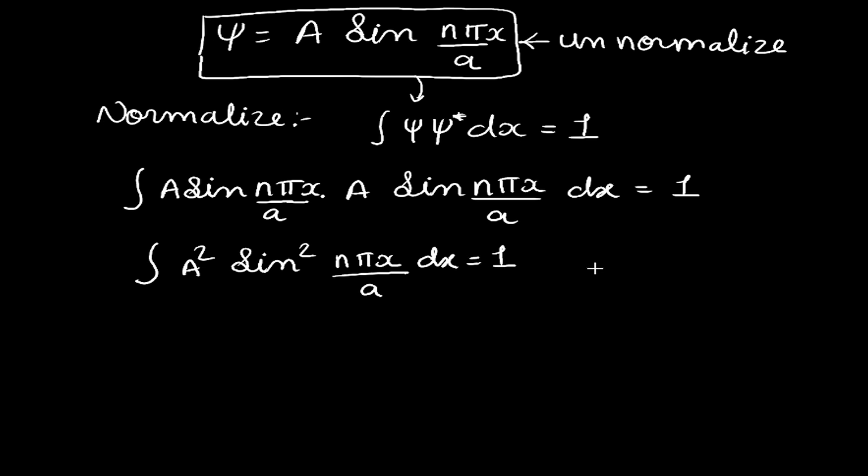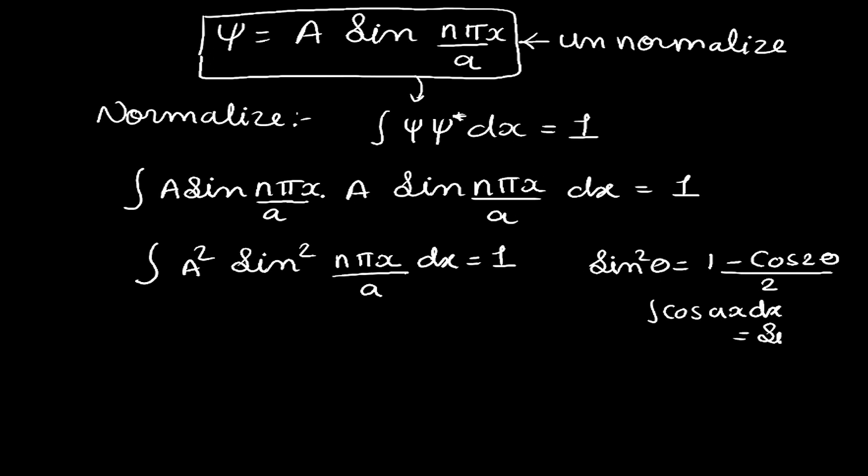Now we all know that sine square theta is (1 minus cos 2 theta) by 2, and also integration of cos ax dx will be sine ax by a.